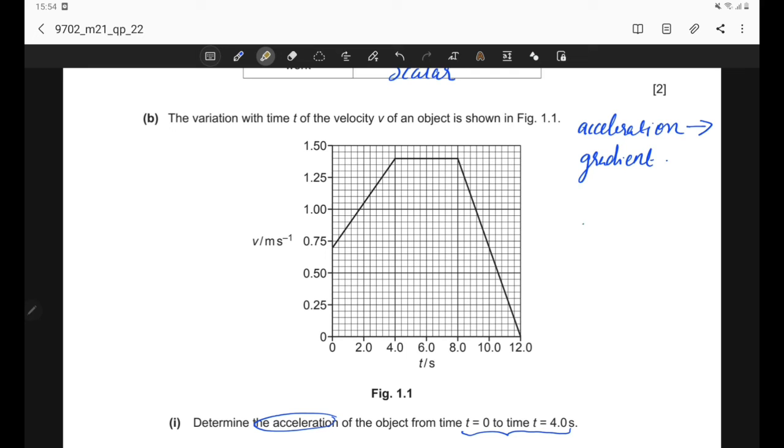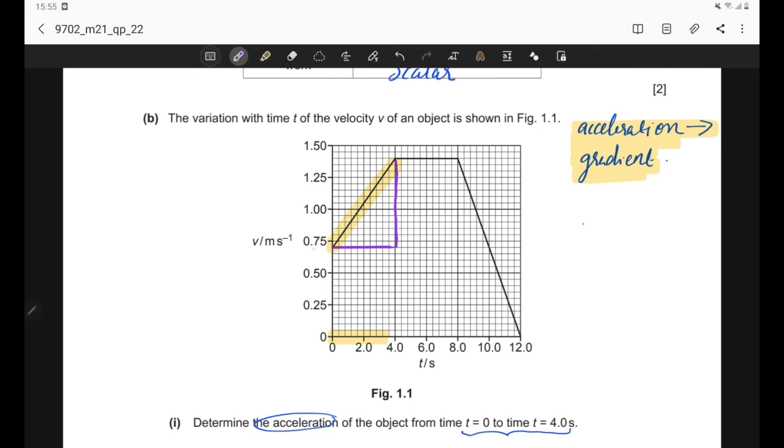So, we have the time period from 0 to 4 seconds. In order to calculate acceleration, we just need to calculate the gradient of the graph during this section. So, we can calculate the gradient or the slope of the graph. In order to calculate gradient, we can draw a triangle. And with the help of the triangle, we can find the values.